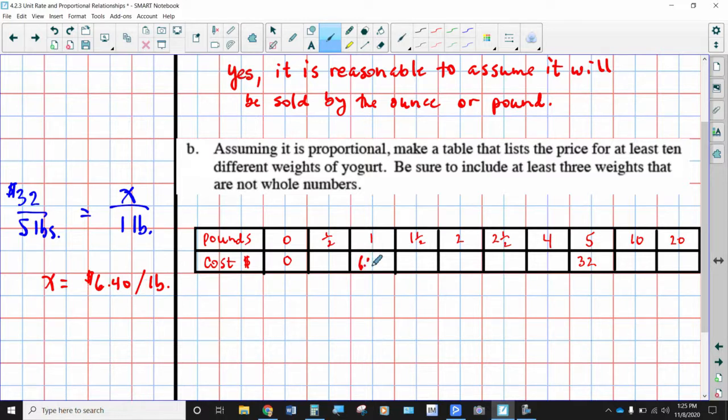So I'm going to write $6.40 in here. If I double that, that's $12.80. If I double that, that's going to be $25.60. If I take half of $6.40, that's going to be $3.20. And if I triple this, right, 3 times 1/2 is 1.5, right?